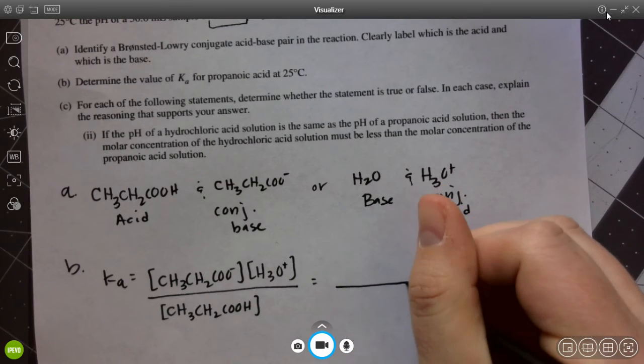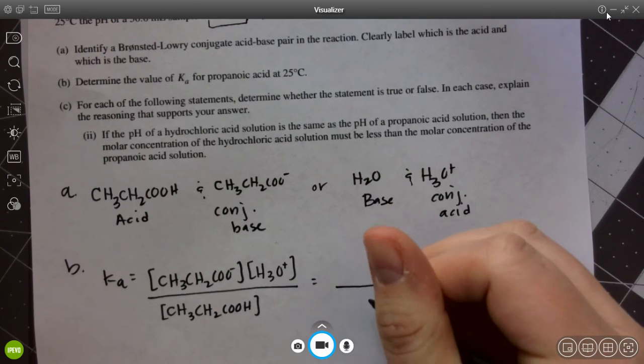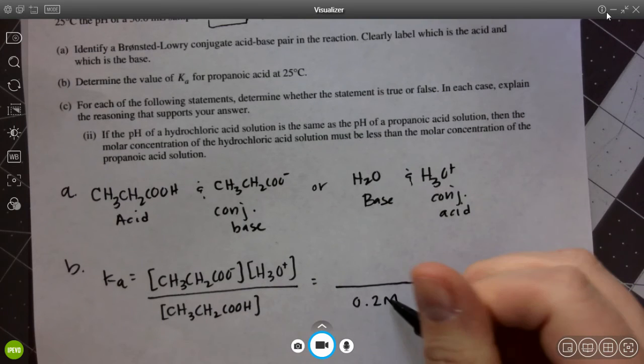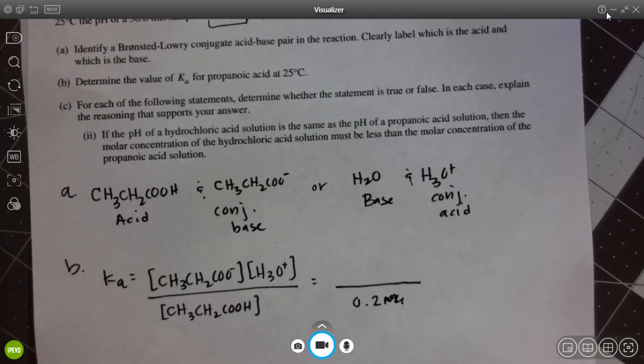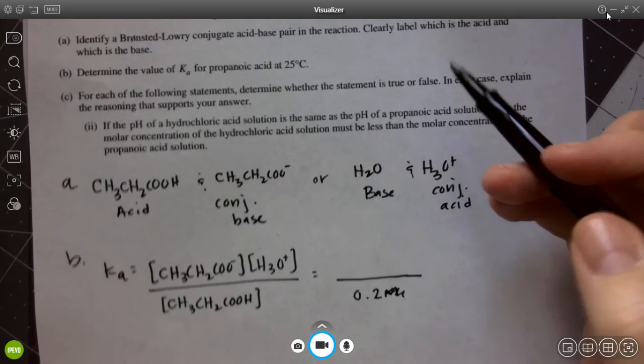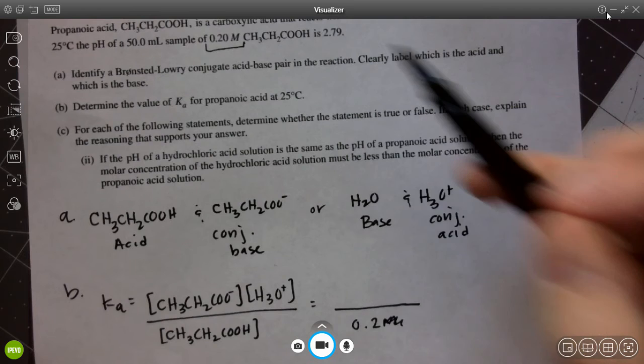So whatever that number on top is going to be, it's going to be over 0.2 molar. That's our concentration of this acid here. So what I have to be given in this problem is these two concentrations. And of course, they don't give it to me in a straightforward manner. What they do is give me the pH.